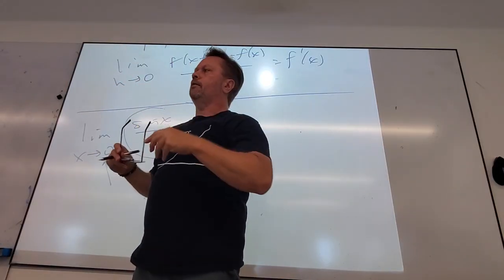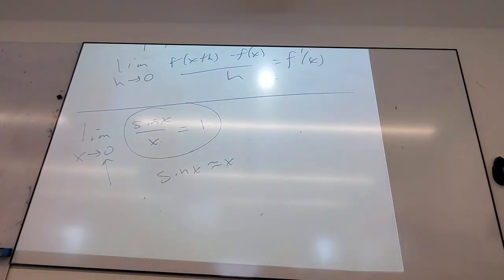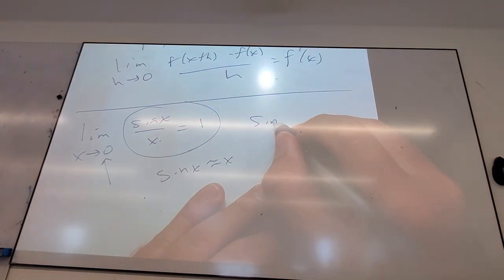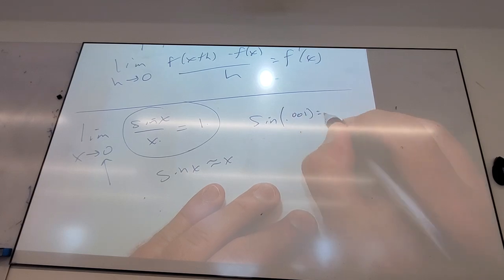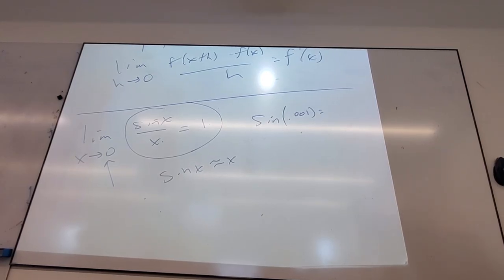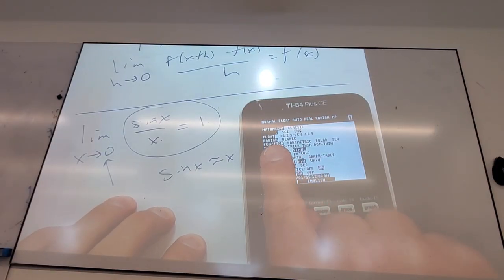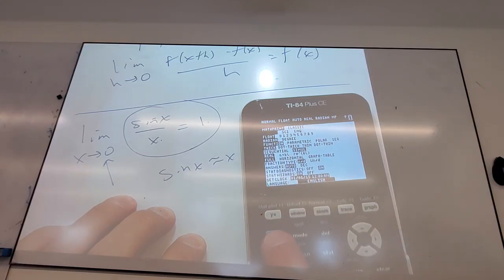If you got your calculator out and you're in radians, can you do sine of 0.001? What do you guys get? By the way, to make sure you're in radians, hit mode. Is it 0.001? Yes, sine of 0.001.